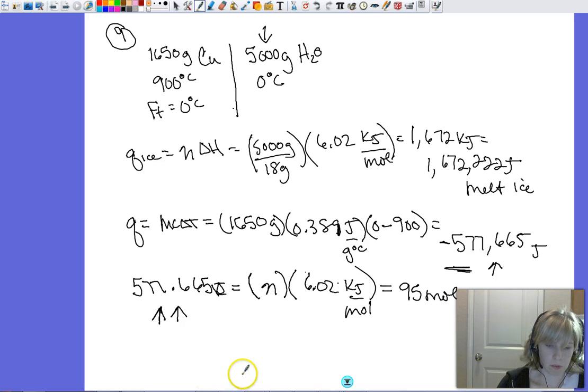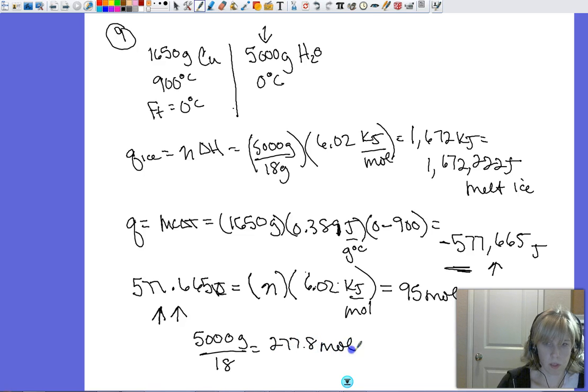Now we just need to figure out how many moles we had to start. So our 5,000 grams divided by 18 is going to give us 277.8 moles. And we can subtract our 95.